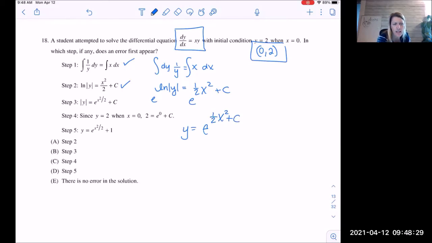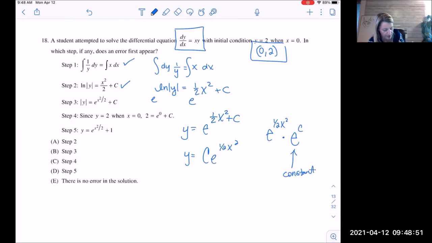That is not what they have. But the c is weird, right? So is that just a constant? No, remember we'd write it like this, c e to the 1/2 x squared, because e to the 1/2 x squared times e to the c, and this is a constant. And so we could just call that another different big C and move it out front. So this is their error.